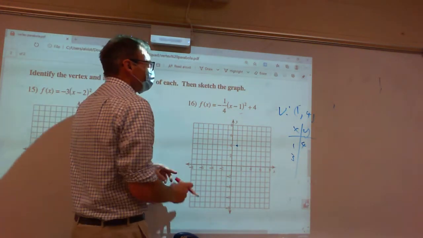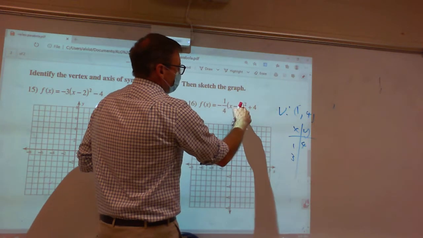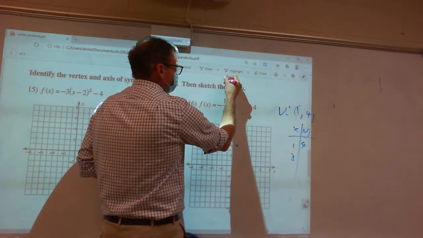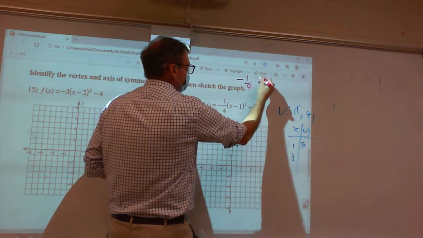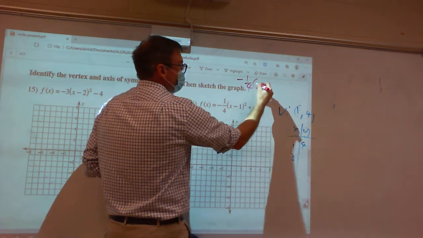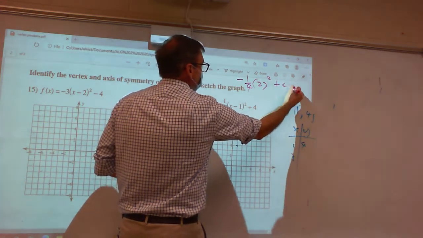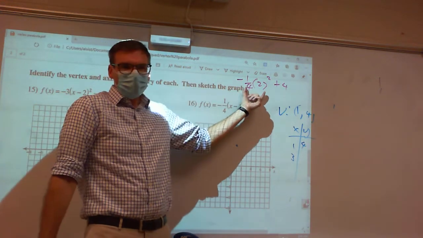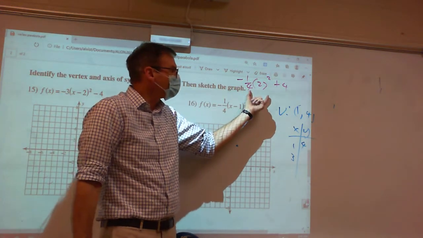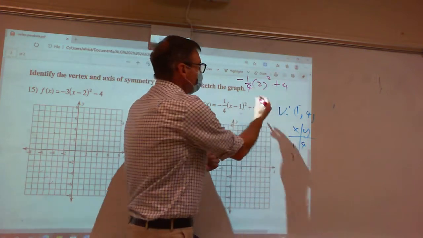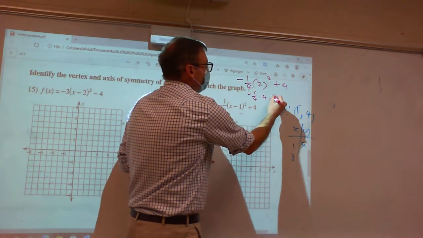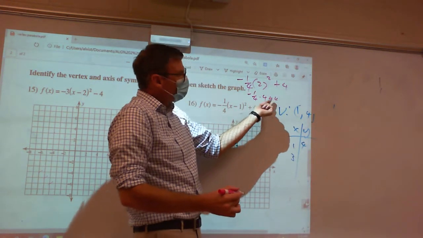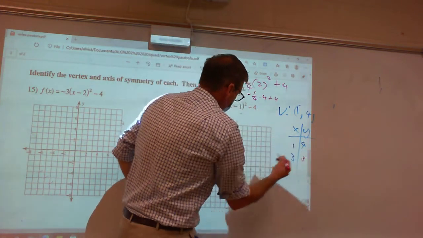And when I plug in 3, this is going to give me negative 1/4. 3 minus 1 is 2, so I get 2 squared plus 4. And if you look at this number, you can see we're going to cancel out a fraction, because that's going to give me negative 1/4 times 4. Negative 1 plus 4 gives me 3.